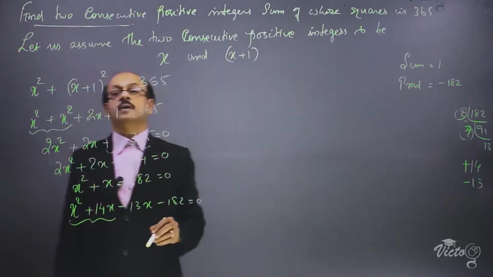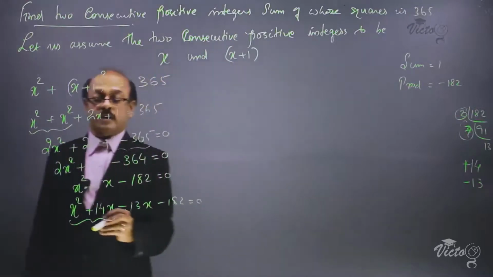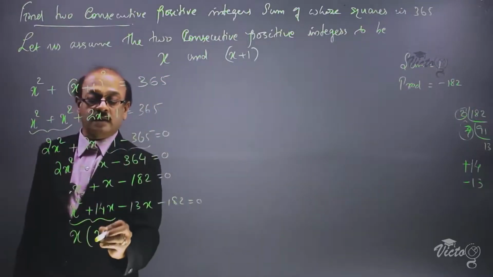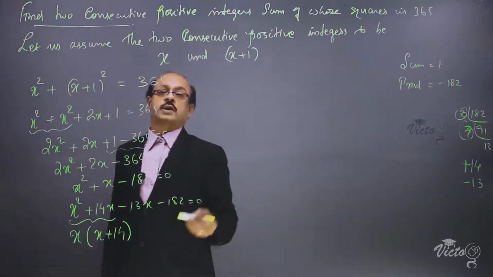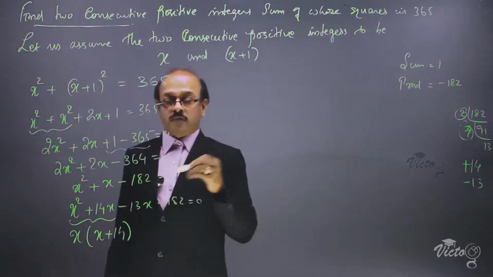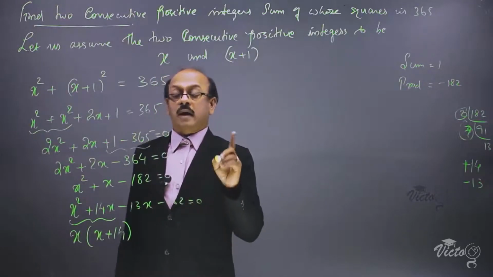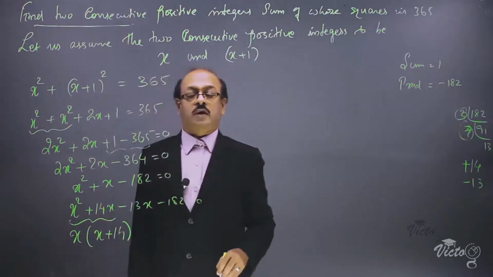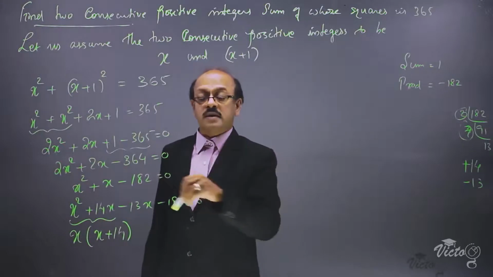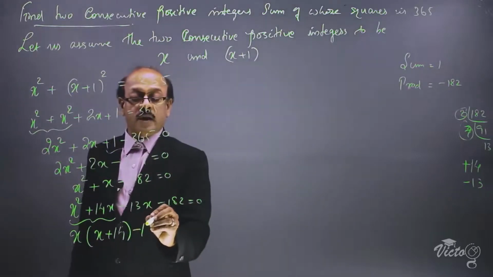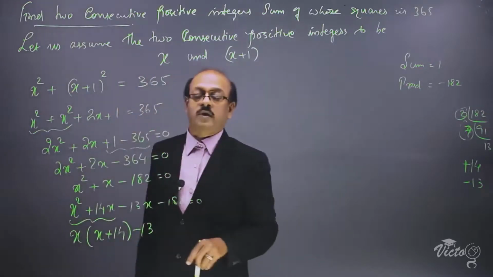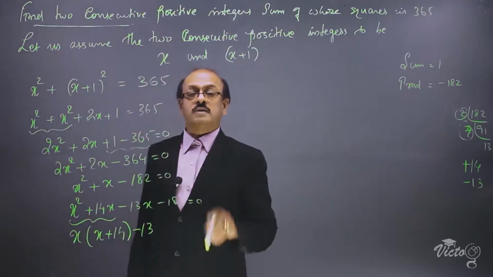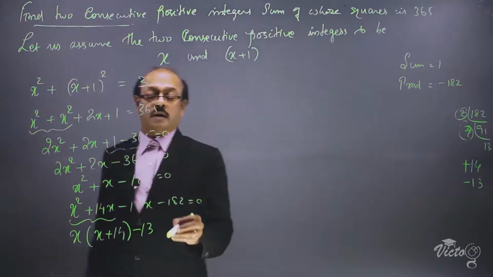From the first two terms, we can take x as a common factor. We are taking x outside, the remaining is x plus 14. From the next two terms, we have to take a common factor such that the remainder also is x plus 14. For that, we have to take minus 13 as a common factor, because minus 13x means minus 13 into x, and minus 182 means minus 13 into 14.